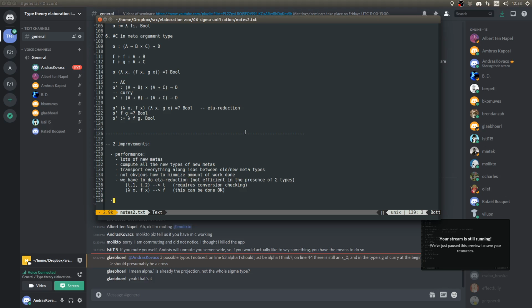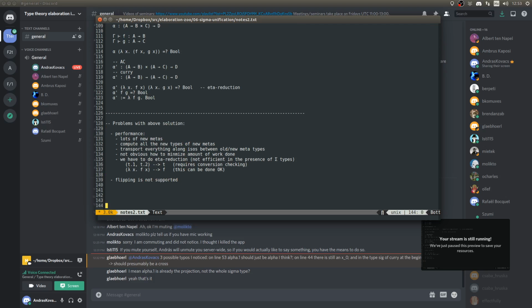Okay, and then the other thing is that flipping is not supported. Let's just call it inside problems with above solution. So flipping is not supported, and I can give an example of a unification problem which requires transporting over flip.